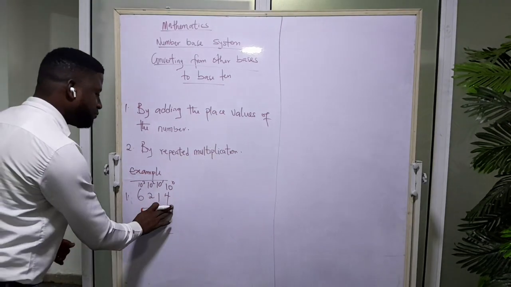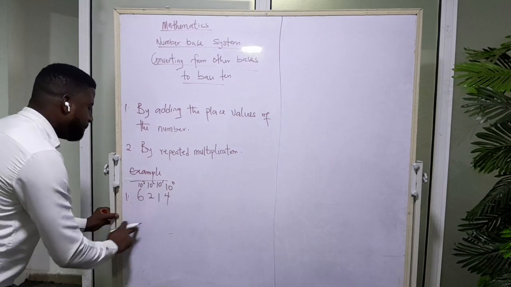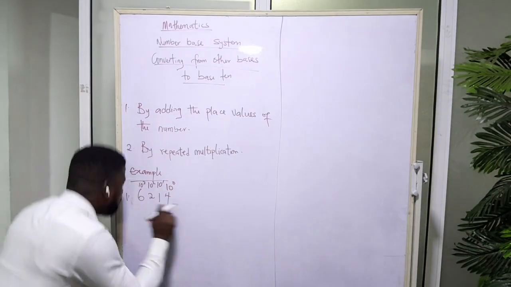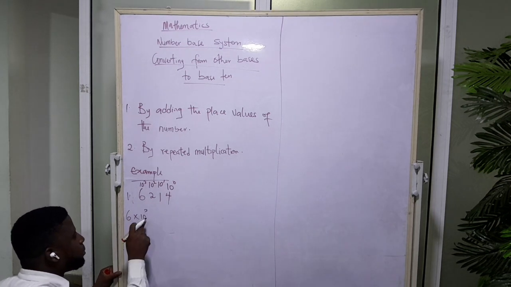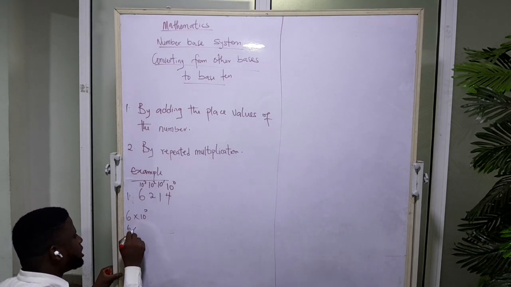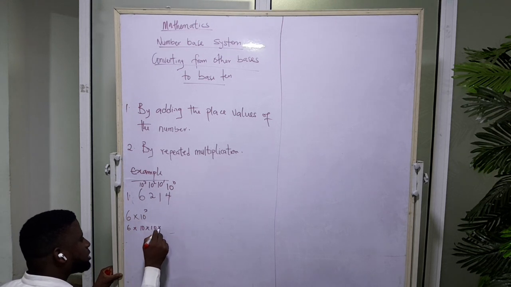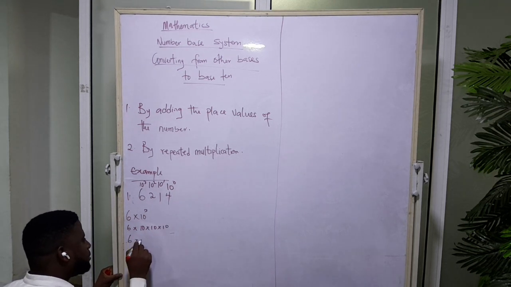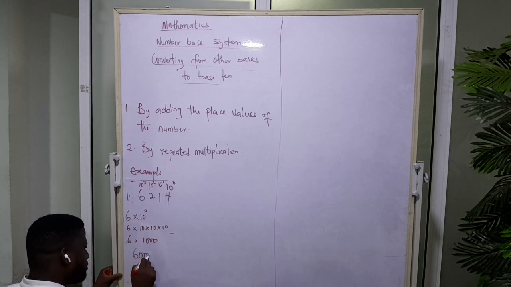So to get the place value of each number, we multiply each number by its place value. 6 times 10 raised to the power 3 is 6 times 10 times 10 times 10, which is 6 times 1000, and that gives us 6000.